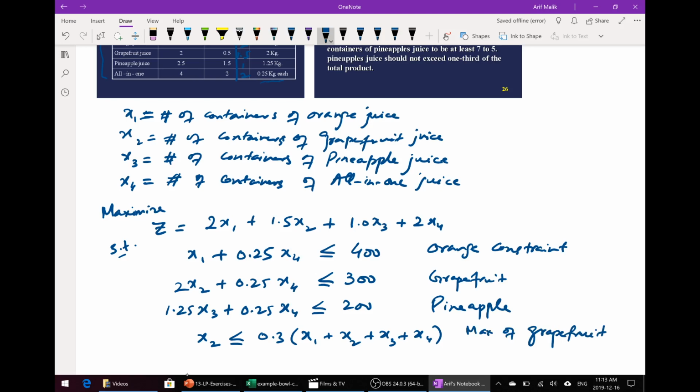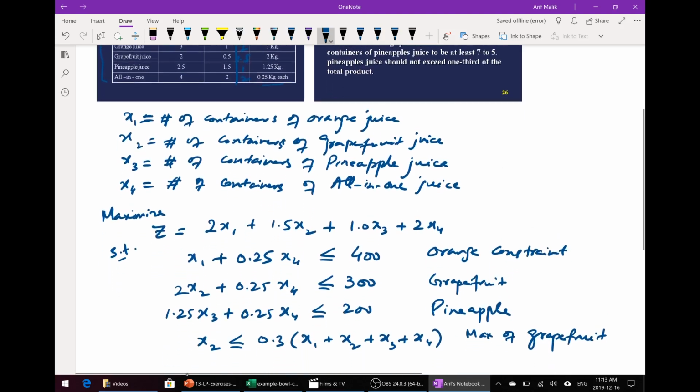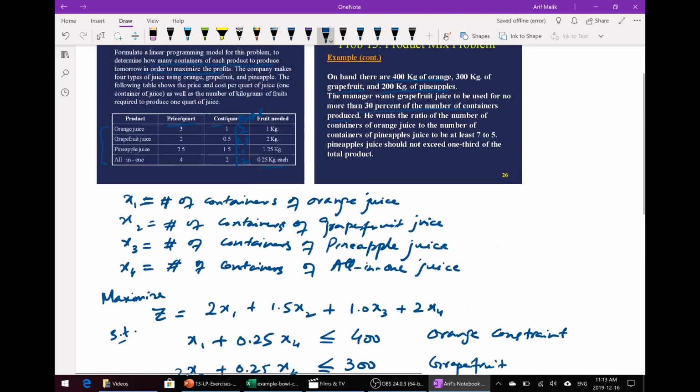And then it says he wants the ratio of the number of containers of orange juice to the number of containers of pineapple juice to be at least 7 to 5.